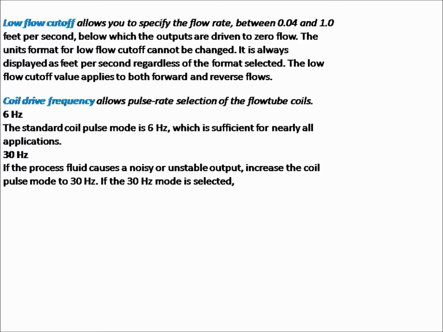So now all the basic parameters you have set, you can put the mag flow meter in line. Now we will go for the diagnostic tool, which is very important to troubleshoot your problems.